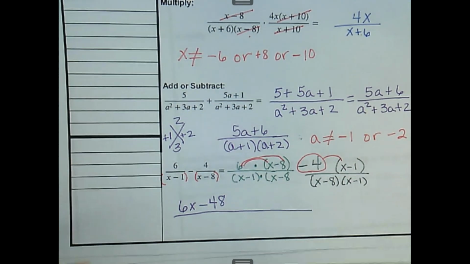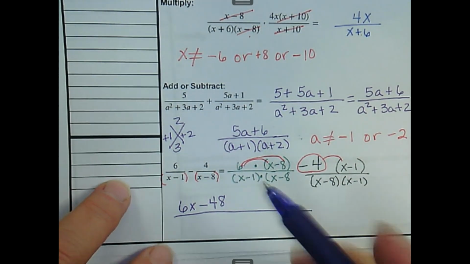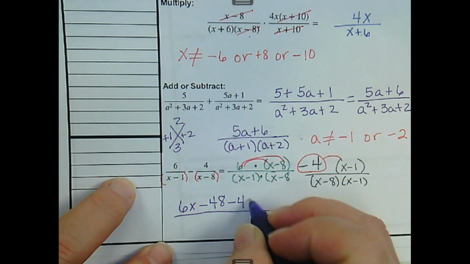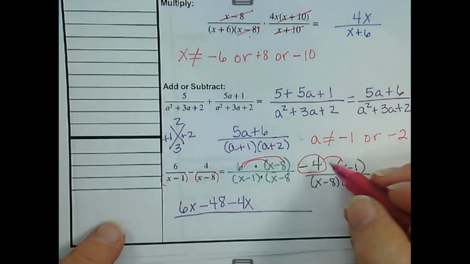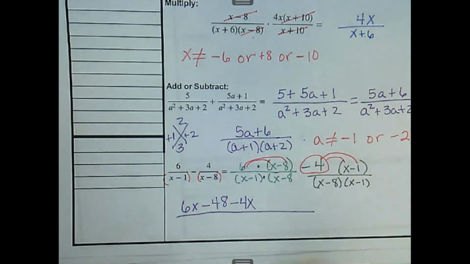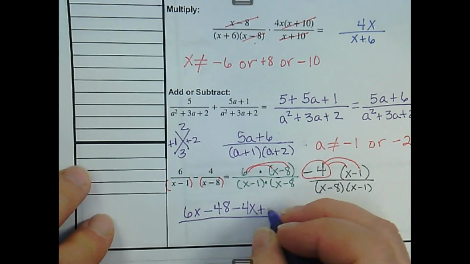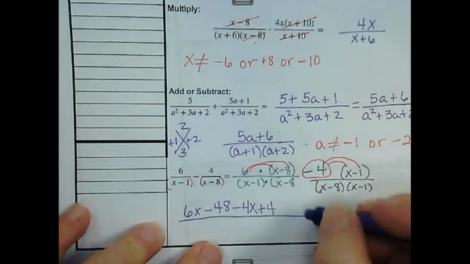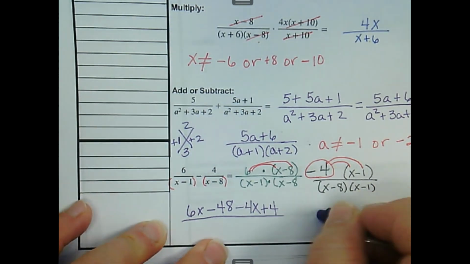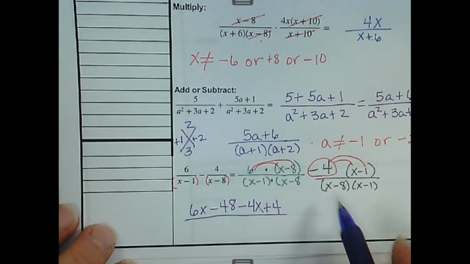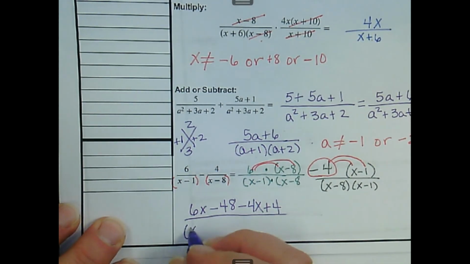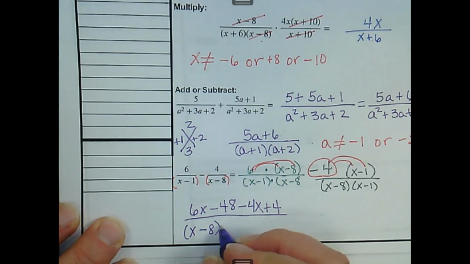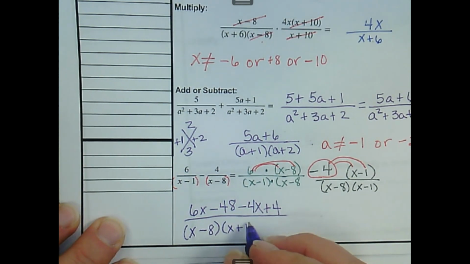Negative 4 times x is negative 4x. Negative 4 times negative 1 is positive 4. The denominator stays the same: x minus 8 times x minus 1.